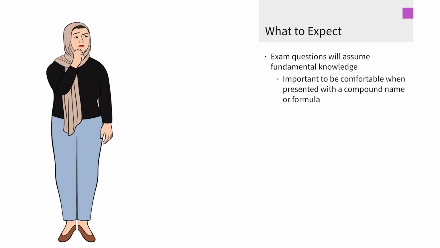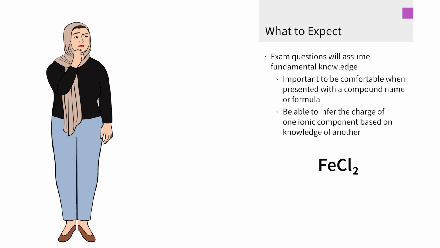Another common piece of question logic is inferring the charge of one ionic component due to knowledge of another, like being able to distinguish the different oxidation states of iron in FeCl2 and FeCl3 by knowing that chloride's charge is -1. All that is to say, investing some time up front in reviewing this material will set you up for success later on.